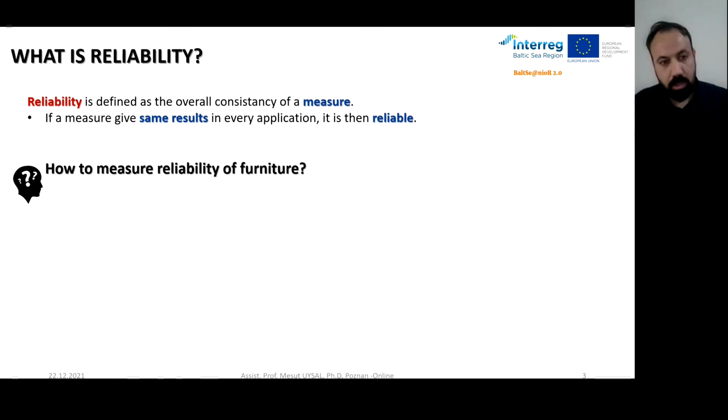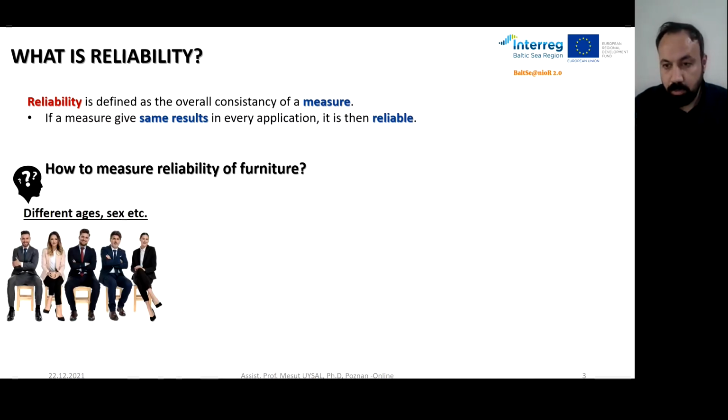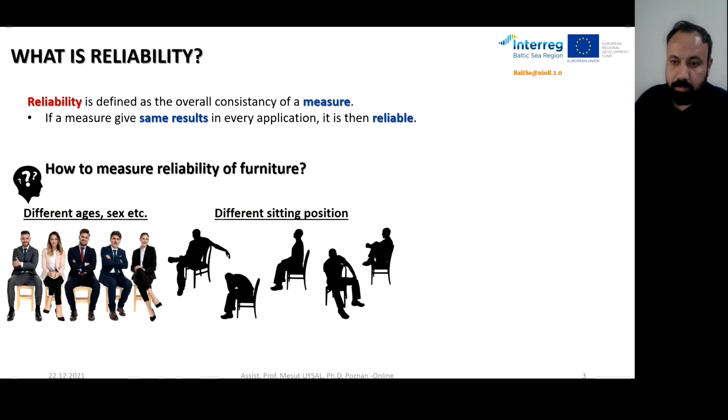If we talk about humans, we are of different ages, different sex, or different types of body type. That's why in every single chair construction, for example, we apply a load, but at a different level. Or the same person during a day may have different sitting positions, so we apply a different load again.